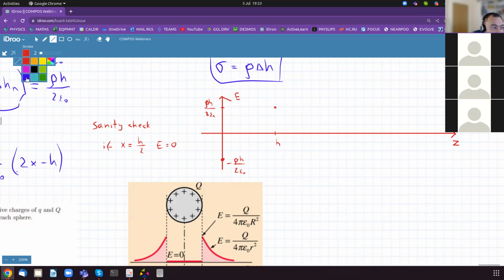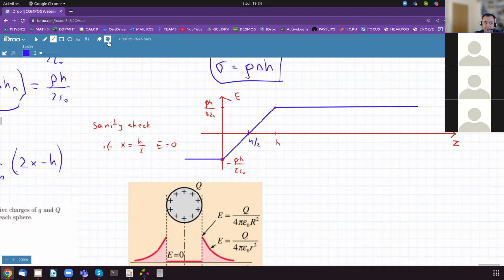And then we're just going to go like this. So when z is h over 2, it's going to be 0. And then like this, and on the left like this. So below the plate it is negative and constant. Inside the plate, it will change, and then it will be constant again.